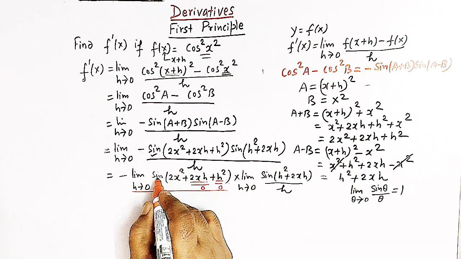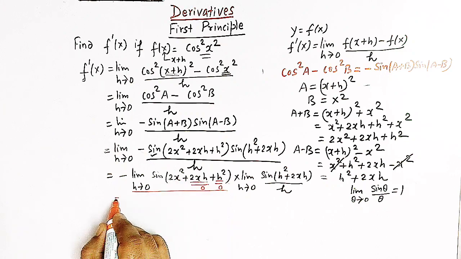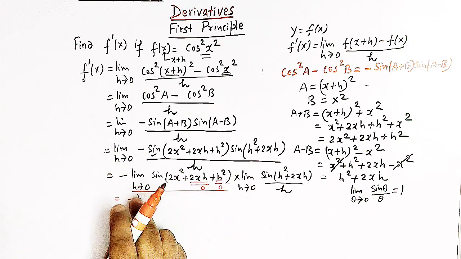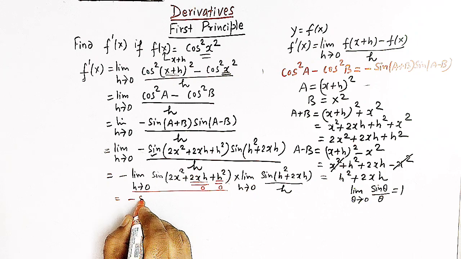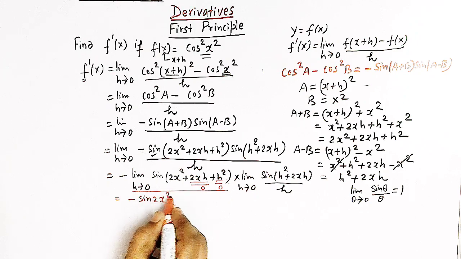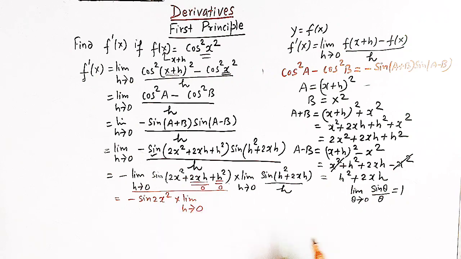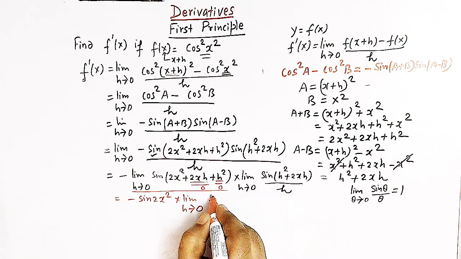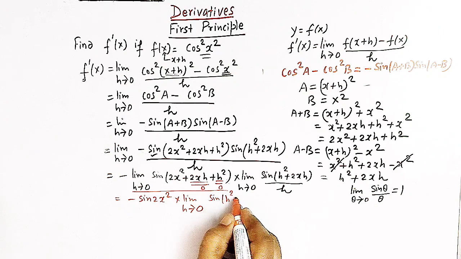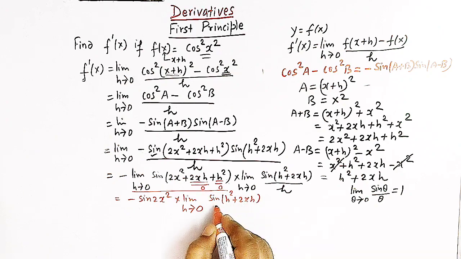So we are left with only sine 2x square. So we have minus, here we have simply sine 2x square, and then here we have limit h tends to 0, and now see here we can write sine of h square plus 2xh over h.